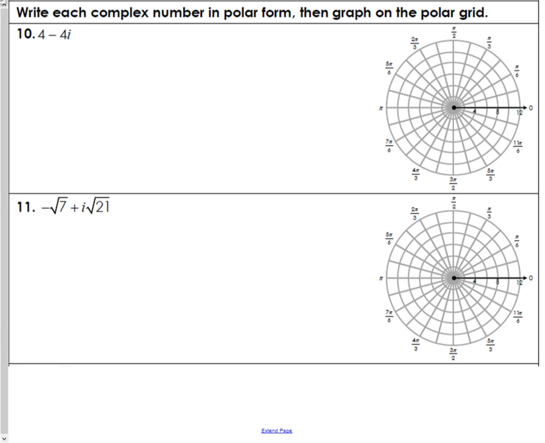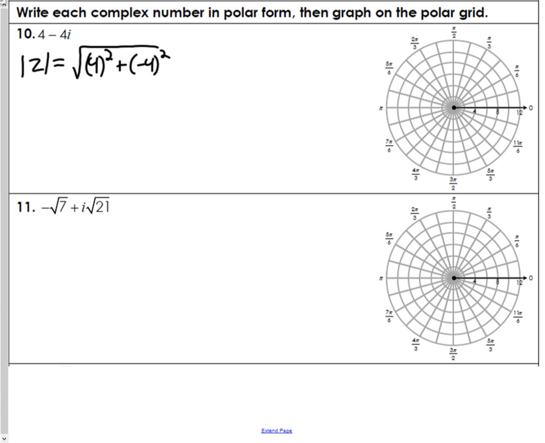So let's just write a couple of these things out in polar form. Keep in mind there are going to be two things we need. We're going to need that r value, that modulus, and we will also need an angle, sometimes called an argument. So let's find those two things. Start with the modulus. Keep in mind that's just Pythagorean theorem. So to find that modulus, it's the square root of 4 squared plus negative 4 squared.